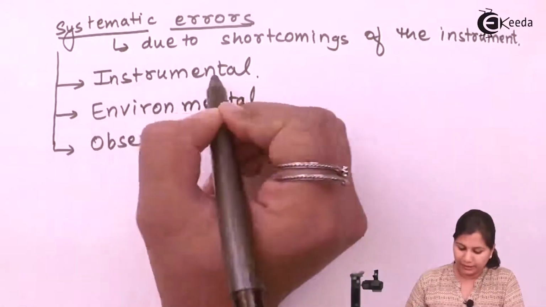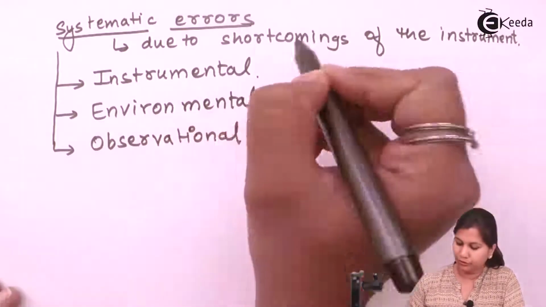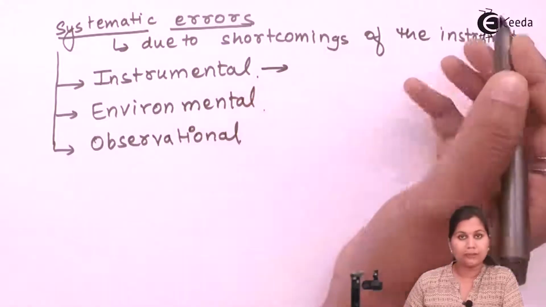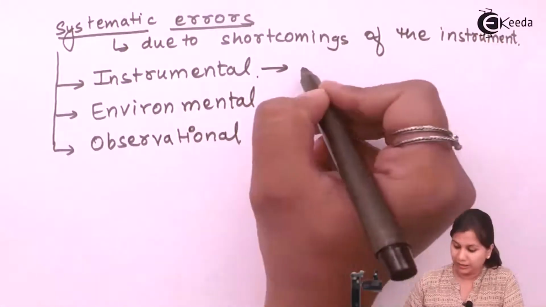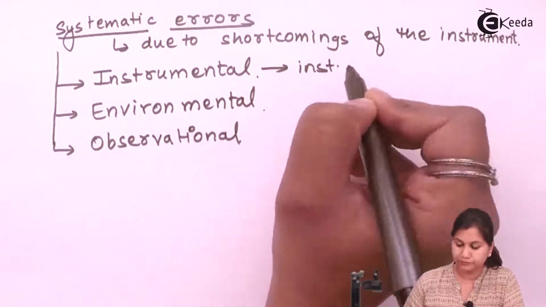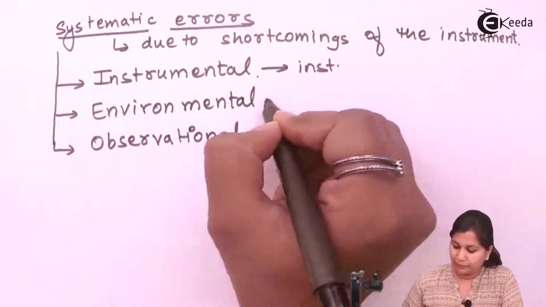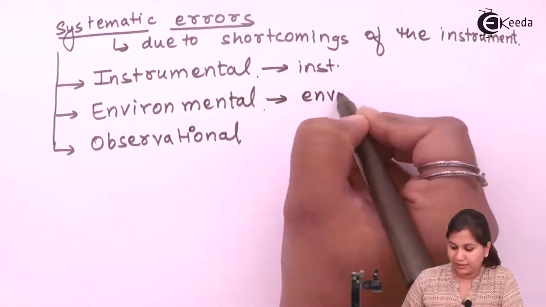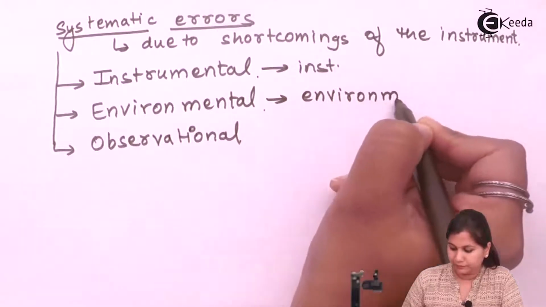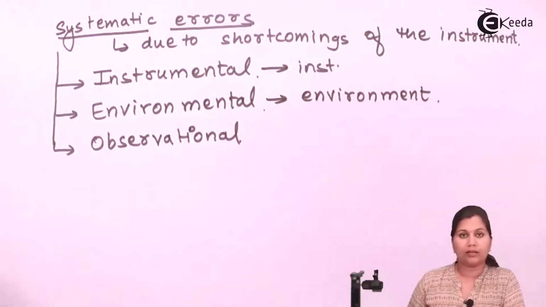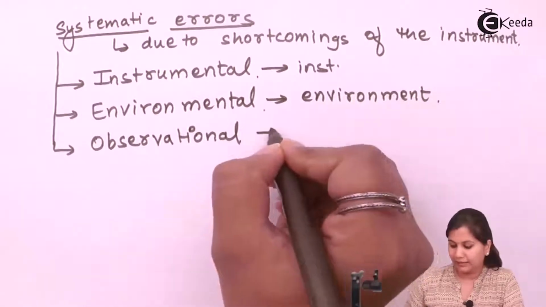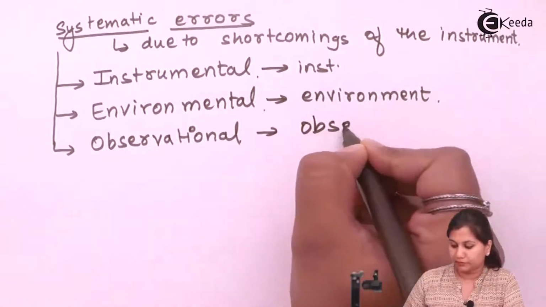Instrumental errors occur due to the shortcomings of the instrument, that is, if there is any mistake in the instrument. Environmental means that there are changes in the environment, and observational means that they are due to the observer.